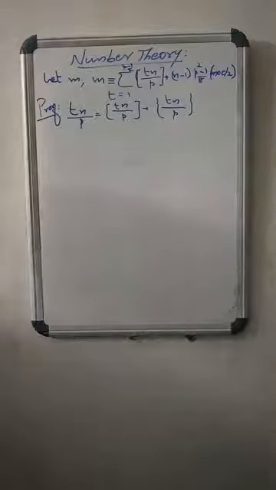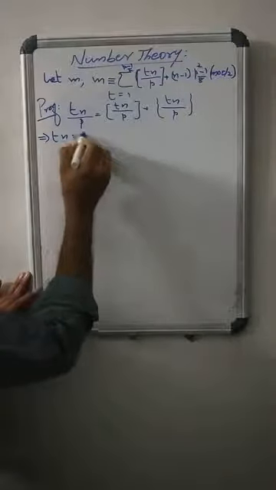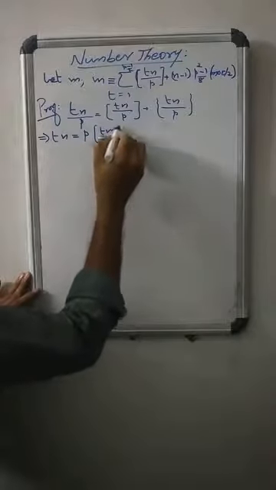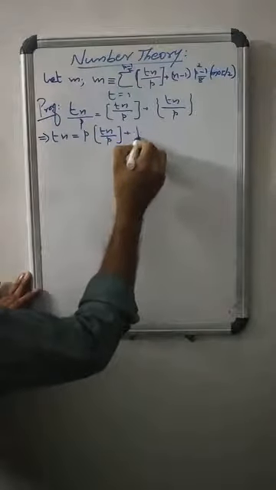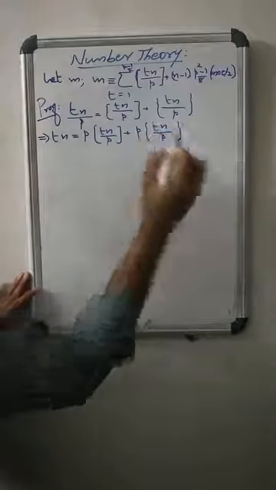Clear? So what is tn? tn equals p times the integer part of tn/p plus p times the fraction part of tn/p. Clear? Okay.